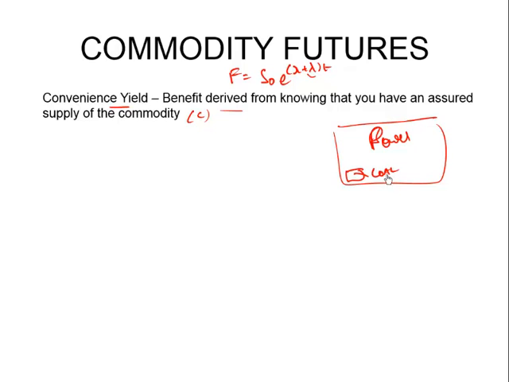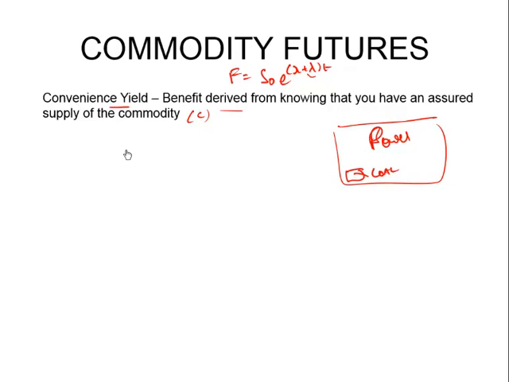Even though coal may have significant storage cost, I have to protect it from moisture, I have to make sure it can be transported and everything, but if I run out of coal for even 1 minute, then my entire investment goes waste. So would I mind incurring some storage cost in order to ensure a smooth supply of coal? Not really, because the convenience yield from owning the coal is very high.